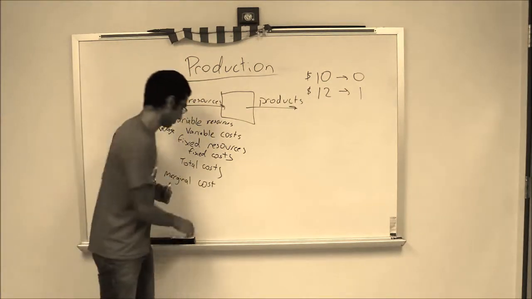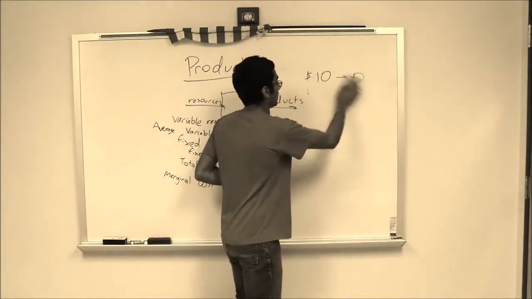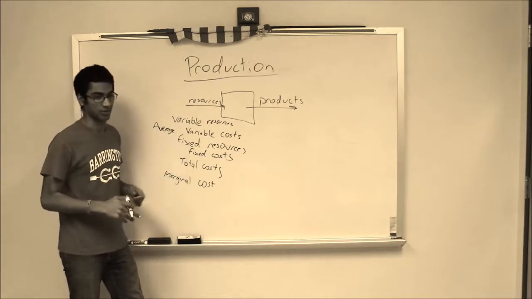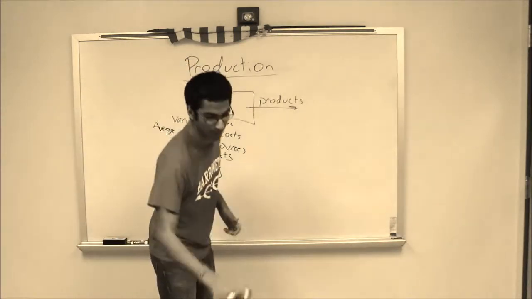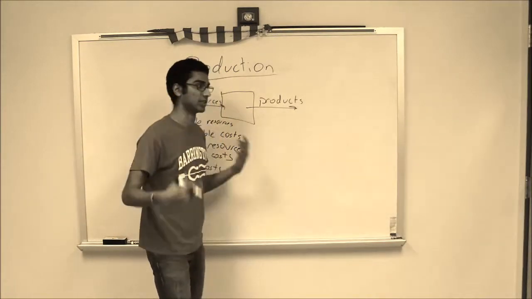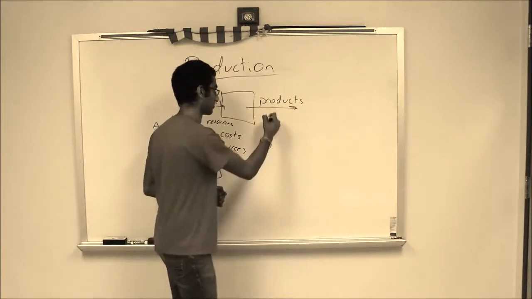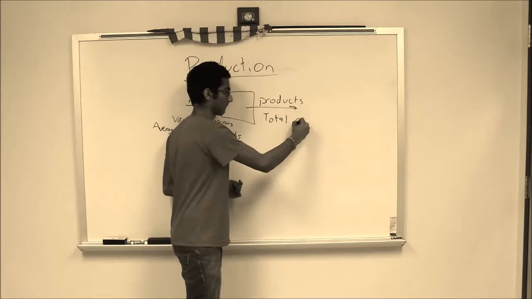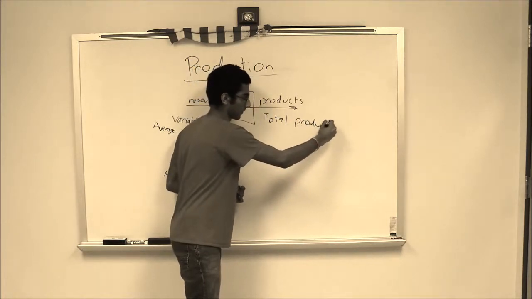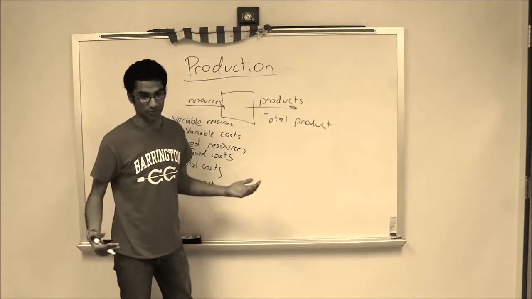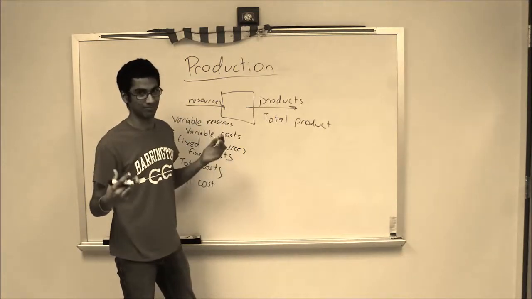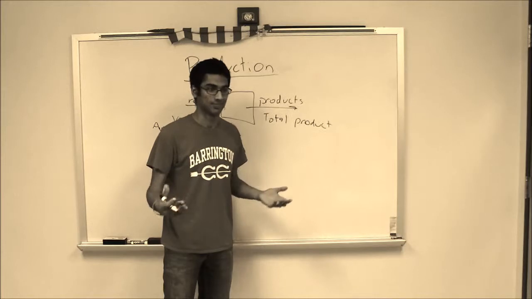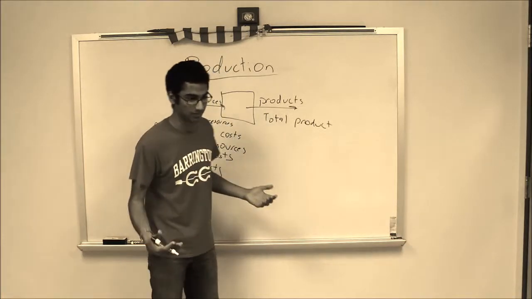So that's pretty good. Now on the flip side, we have the products that are created from production. First of all, there's the actual physical thing that you're making, the total product. There is the average product, which is the amount of product you take divided by the amount of output.